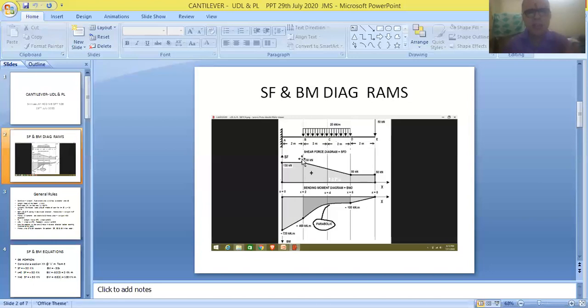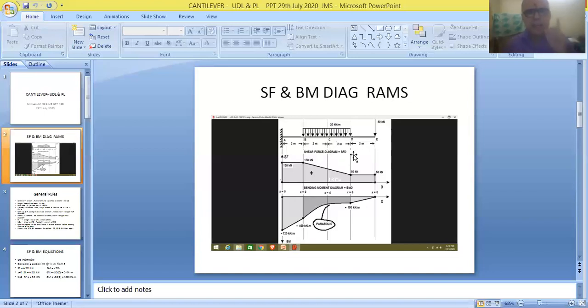One is AB, the other one is BD, and the last one is DE, for preparing SF and BM equations.